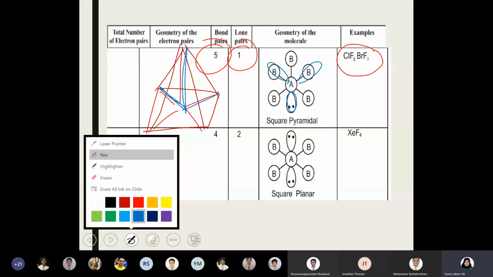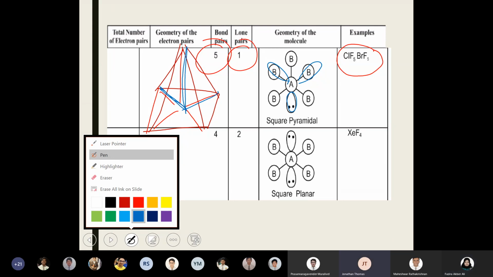You can just go directly: because of the presence of lone pair, there is a distortion in the geometry, and the final shape, for example square pyramidal, or whatever the final geometry you're getting, you can specify. Because it is an understood thing that lone pairs cannot be represented by a line. Lines are meant for bonding. So you don't have to explain it again.